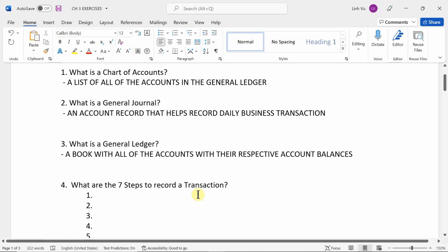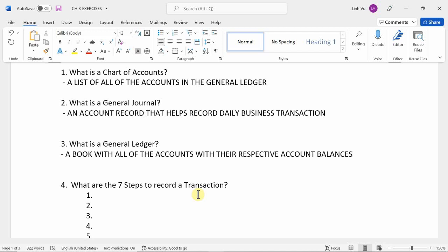I spent this cash, I spent that cash. That's the journal. Now your ledger is going to say, this is how much cash you have, and if you spend this cash, this is how much you have left now. So the difference between the ledger and the journal is that they are not identical. The only difference is that you're going to have a record of every single account with its account balance, and that's the ledger.